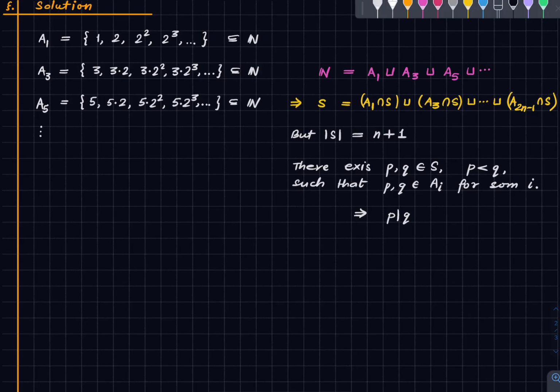So basically, the idea was to partition the set S into some very nice pieces, which require some inspiration. But it is also not a completely out of the box thought, because what we wanted to do was show that there are two things in S such that one divides the other. So clearly, if you've chosen some element in S and you've also chosen twice that element, then you're already done.